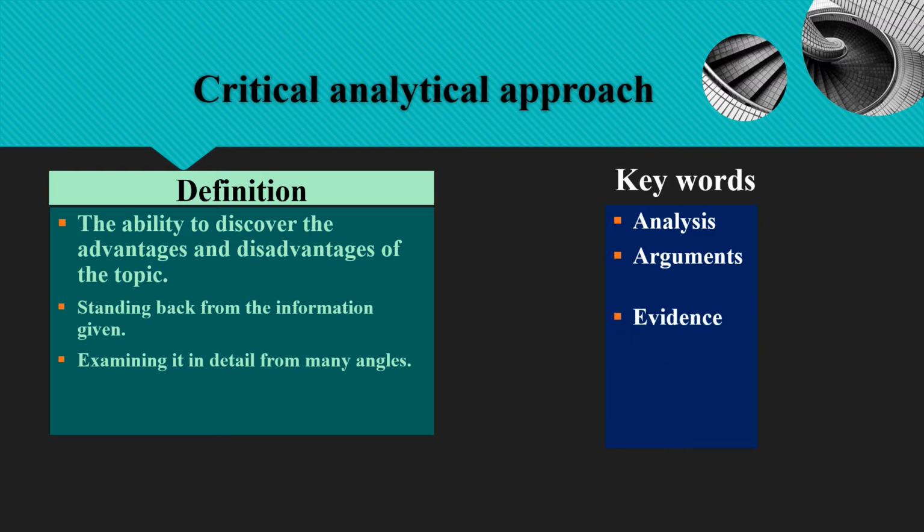And evidence: we need to find real and strong evidence to support our opinions and points of view. So we build our criticism and analysis on real and strong evidence.